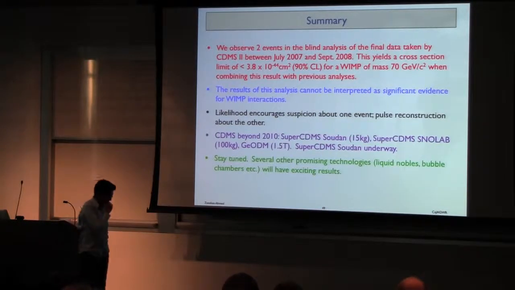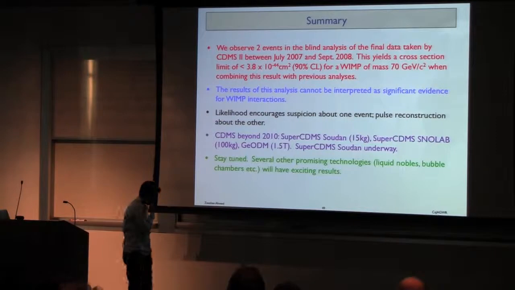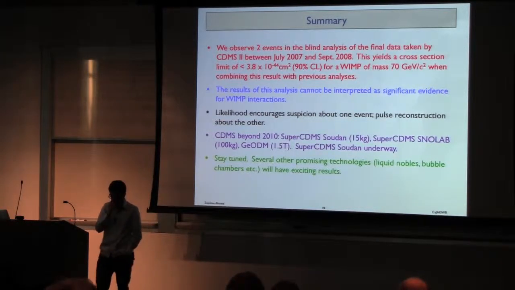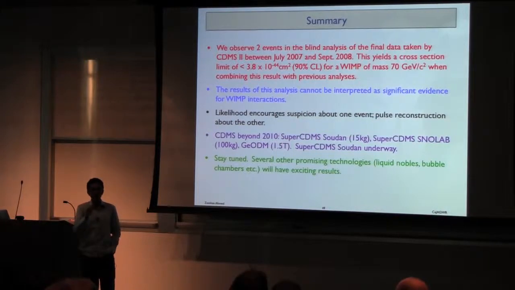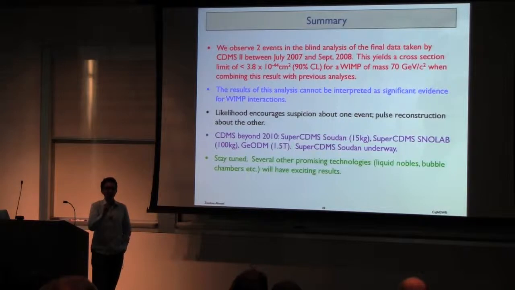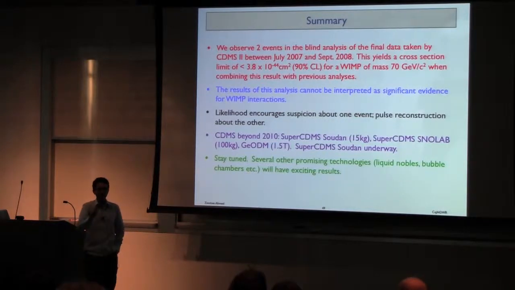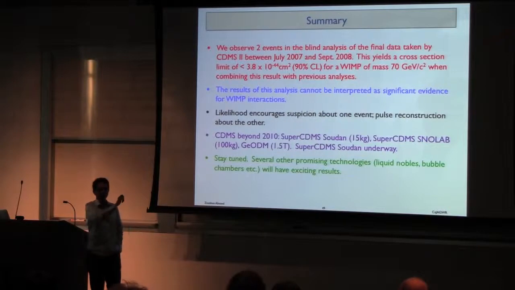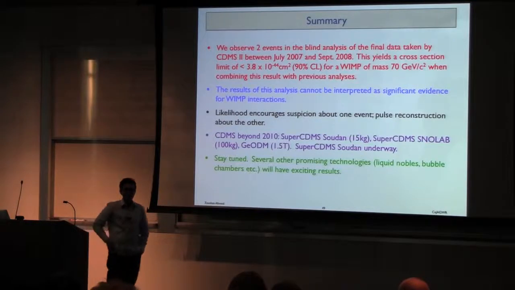Or could you have slightly different characteristics which would be far enough from the properties of background, or is there some other characteristic that would distinguish it? It's a combination of several things. The count problem is one thing. 2 is very consistent with the background model in terms of counts alone. In terms of likelihoods, yeah, you can engineer a situation where your events were smack in the middle of the acceptance region, and you said, oh wait, this looks very WIMP-like.